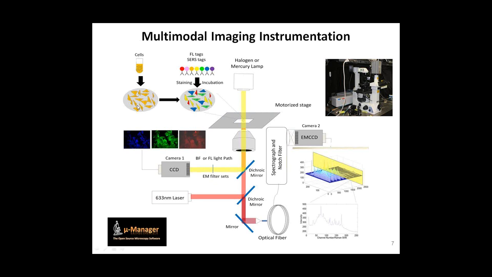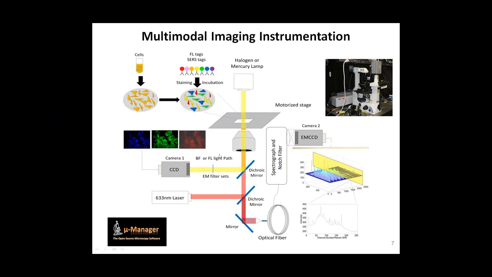First we put the cells onto a regular cover slip or multi-well plate, and we fix and stain with either fluorescent tags or SERS tags. After that, we put them into a microscope with a motorized stage. We use one CCD camera in combination with filter sets to get fluorescent images. Usually we stain the cells with DAPI for nuclei identification and actin for whole cell identification, as well as another protein marker.